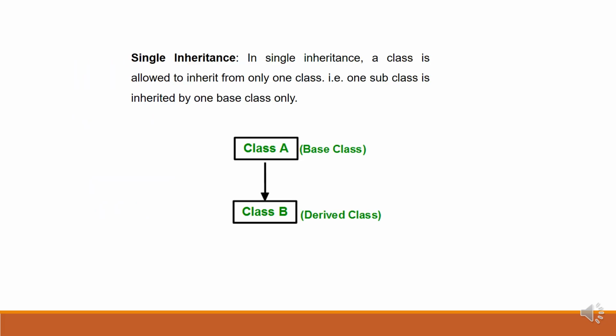In single inheritance, a class is allowed to inherit from only one class. That is, a derived class inherits from only one base class. As can be seen from the figure, class B is a derived class of only class A.